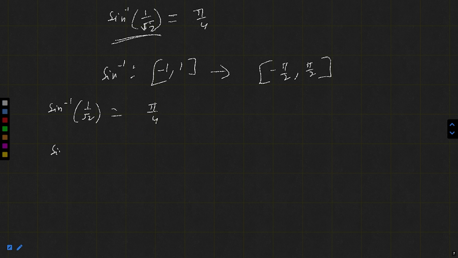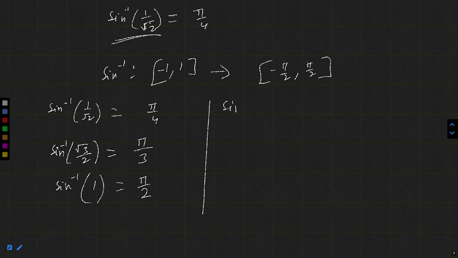Sine inverse of root 3 by 2 will be what? Pi by what? Pi by 3. Yes. Sine inverse 1 will be what? Pi by 2 indeed.